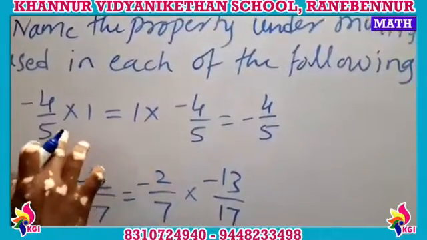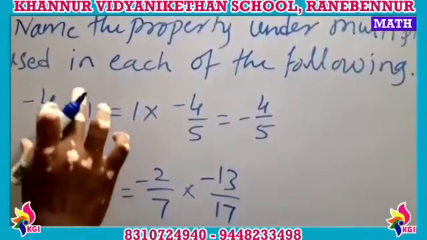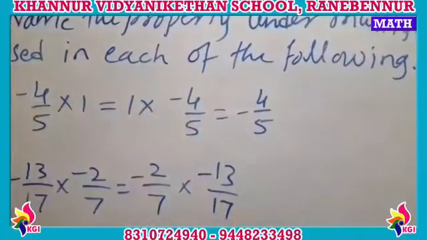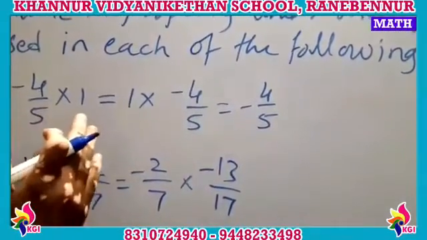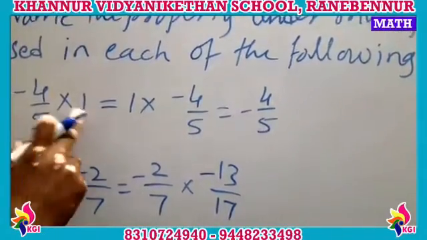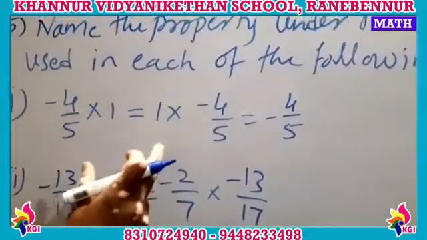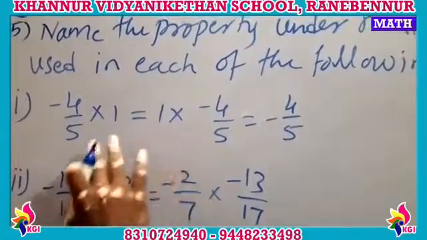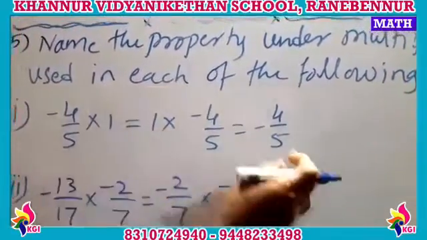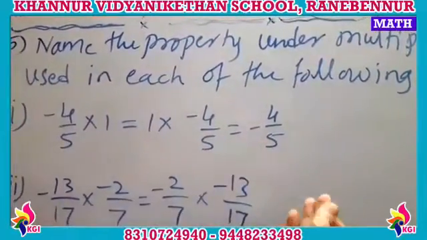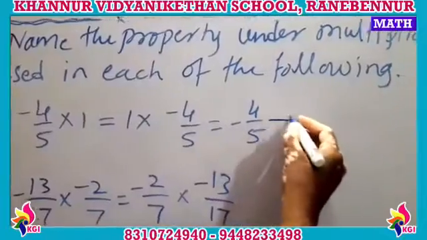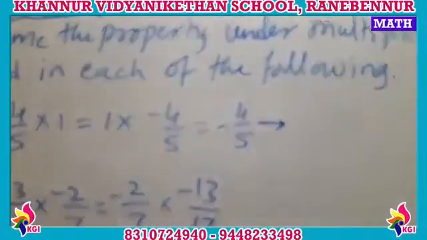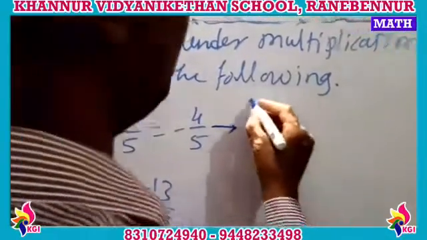That regards 1 as the multiplicative identity. When it is said to be a multiplicative identity, it means the value will not change. The value is not changing now. So that is the reason we have to mention the reason as 1 is the multiplicative identity.